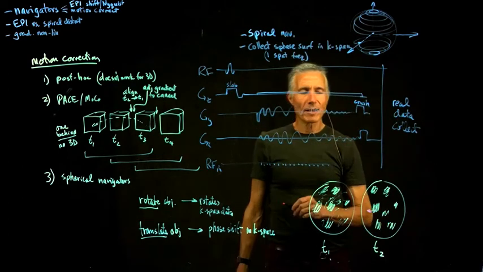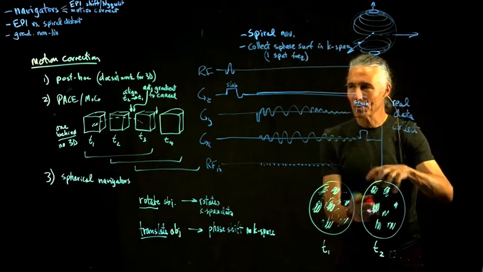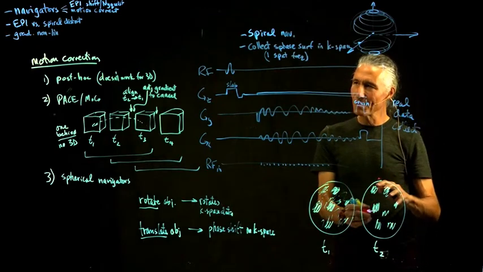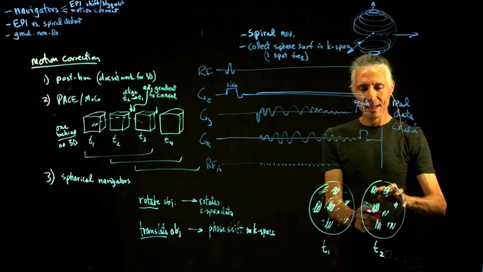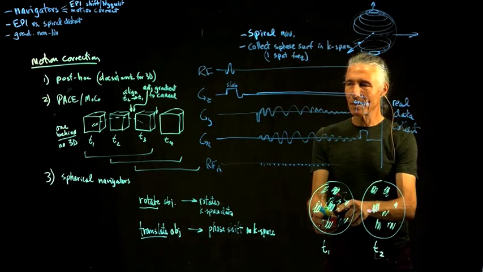That guy needs to be rotated. There'll be different angles to rotate, but we can very quickly, we only got 5 milliseconds, 2 milliseconds, line up this second K-space data with the first K-space data.